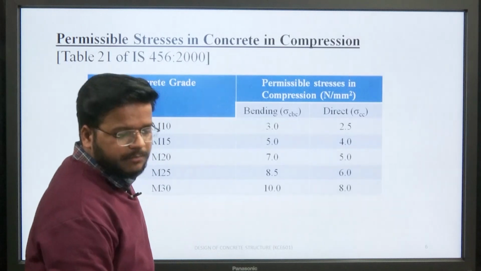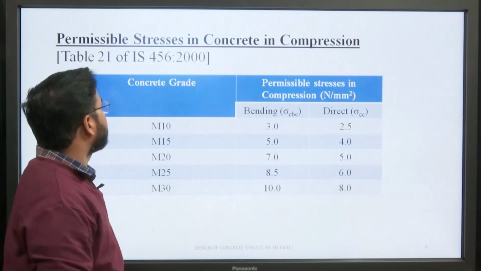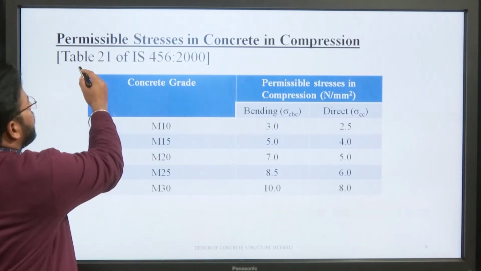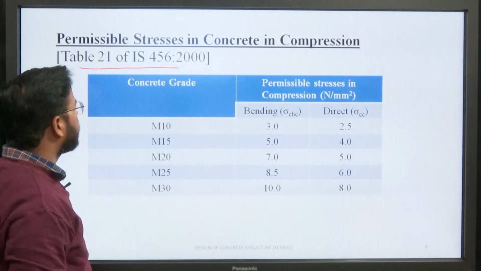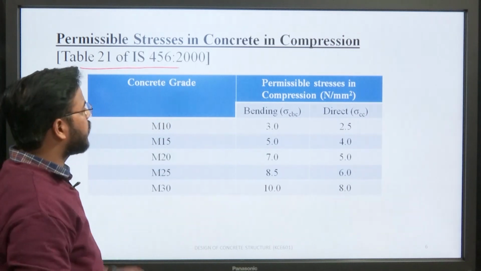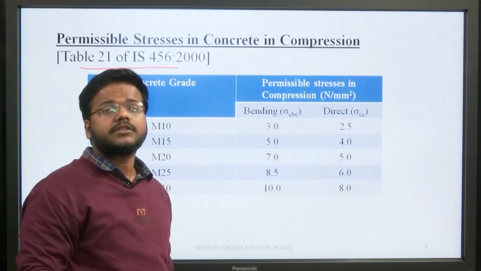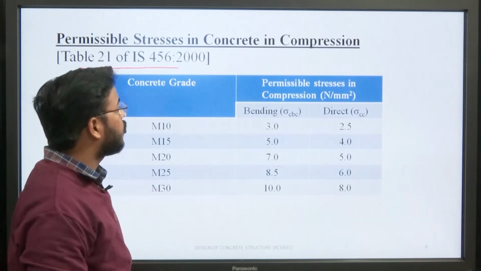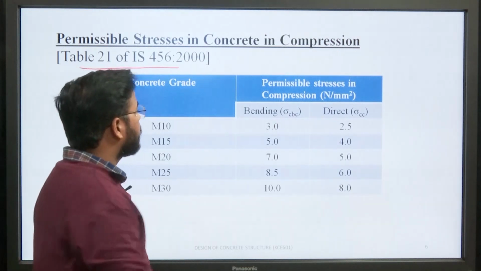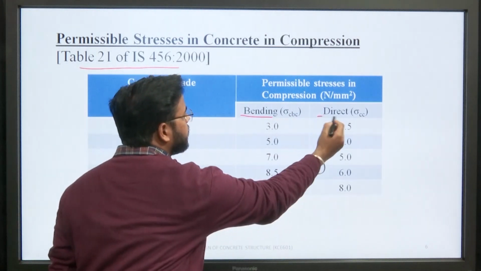Now, the permissible stress in concrete in compression is also mentioned in table 21 of IS code 456/2000. For the different grades of concrete, you can see the permissible stresses in compression. When the concrete structure is in compression, two types of loading are seen. The first one is bending and the second one is direct.